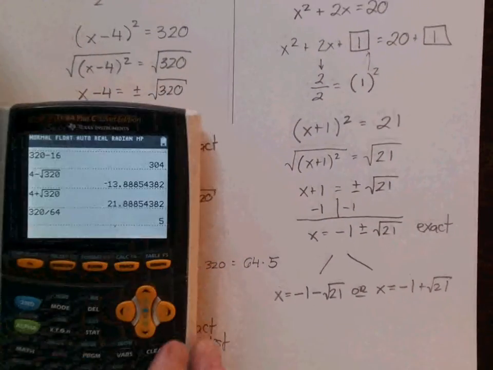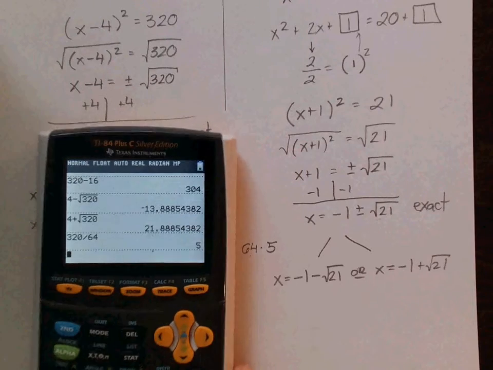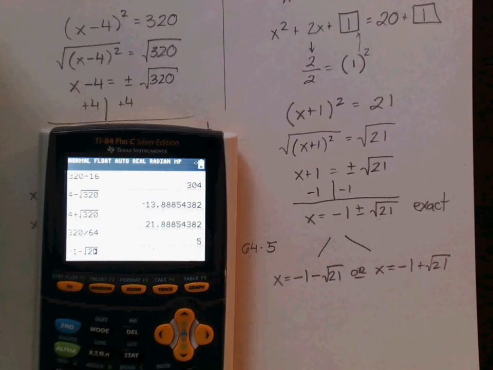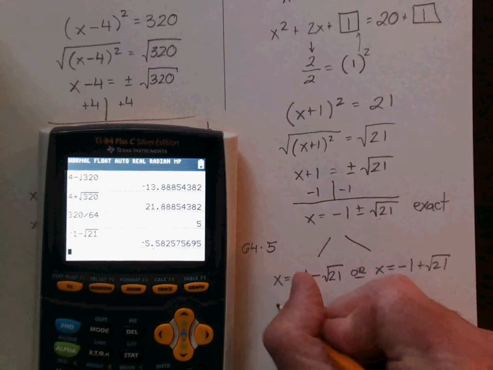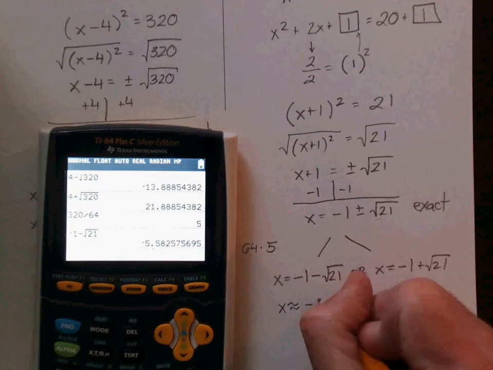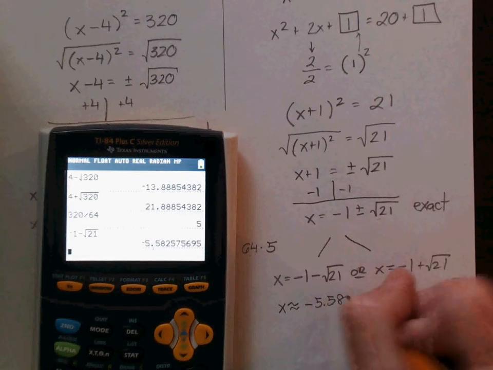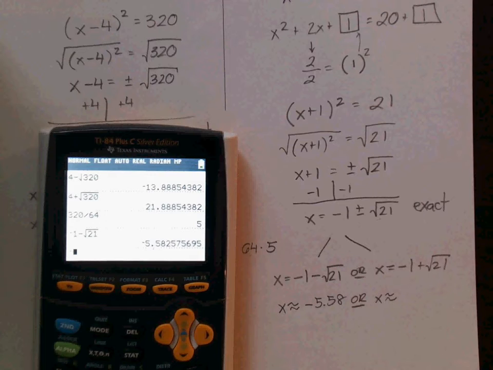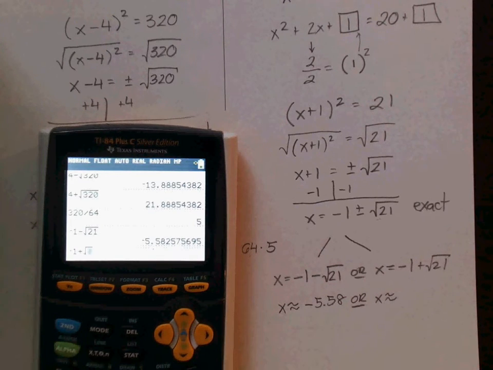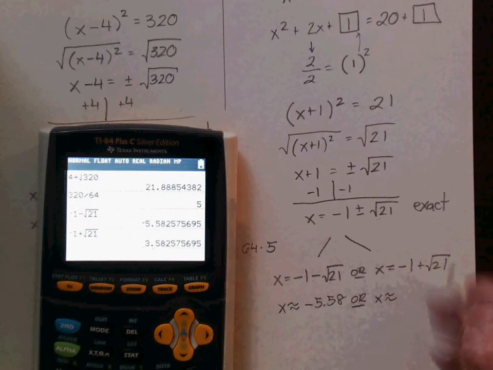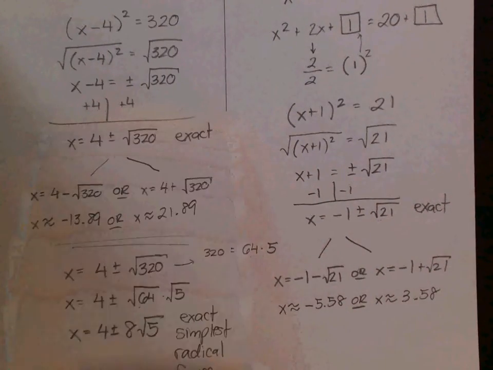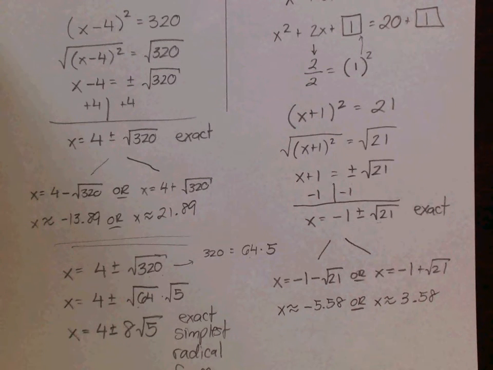So, right here, negative 1 minus the square root of 21, I will get x is approximately negative 5.58, or x is approximately negative 1 plus the square root of 21, 3.58. And that is solving a quadratic equation using completing the square.